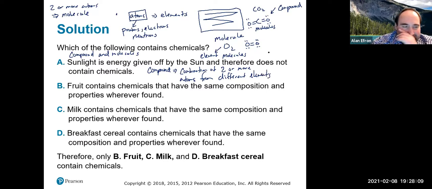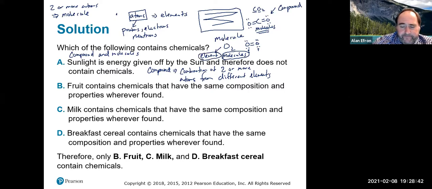So that's a subtle distinction between a compound and a molecule. For example, CO2 is a carbon atom and oxygen atoms. Those are two different elements, which is why it's a compound. It also meets the simple definition of a molecule because it's at least two atoms together. Oxygen here is the same element, so it is only considered a molecule. It is not a compound, but is considered an element because it's all made up of oxygen.